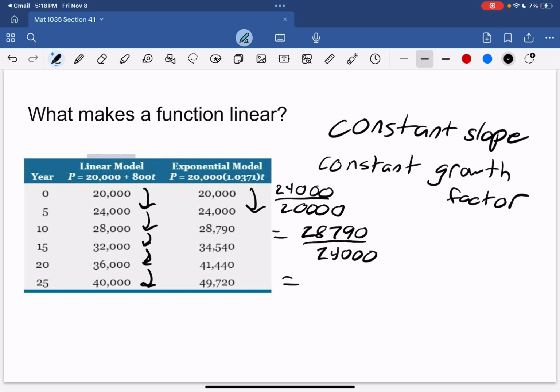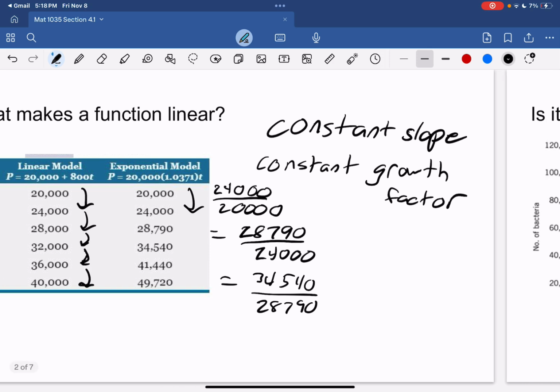And then that will be equal to 34,540 divided by 28,790. So instead of going up by addition or subtraction, we're going up by a multiplication or a division, okay? Or decreasing in that manner too.